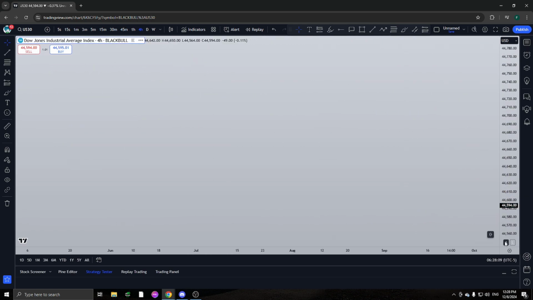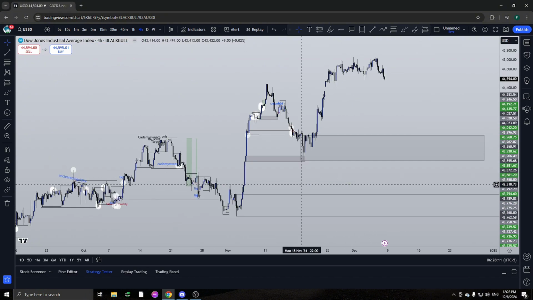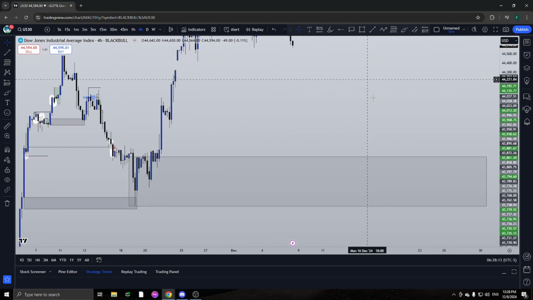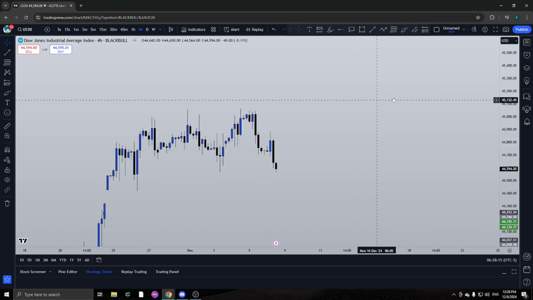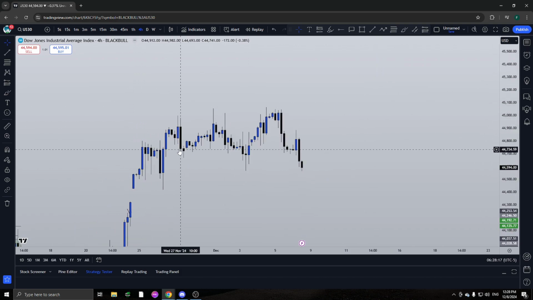Let's go to the 4 hour because then I can make it pretty clear. Right here, this is nicer. As you can see, all these wicks mean the candle has been there once. So price has been there once, and then price went up. So for example, this candle was here.